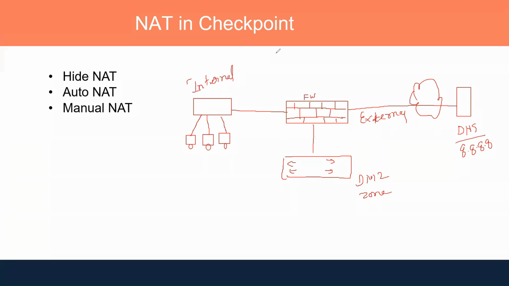Now let's understand what UNet is. Checkpoint by default supports this kind of NAT, UNet. In UNet, you would have some servers, and you would do the NAT of those servers on public IPs.